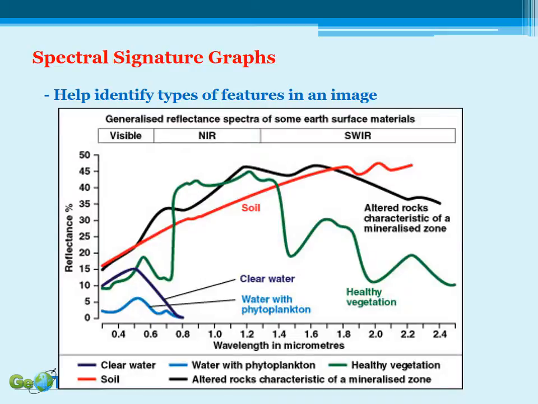I can look at all the different pixels, and I can graph those things that I think are soil, water, whatever, and identify what that feature really is by looking at its signature graph in a wavelength versus reflectance.